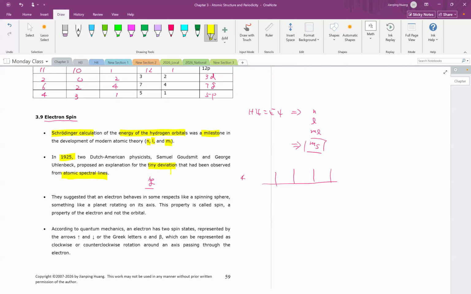Later on, he found, with sodium, not sodium, it was silver, that the tiny deviation came from electron behavior. It comes from the electron.